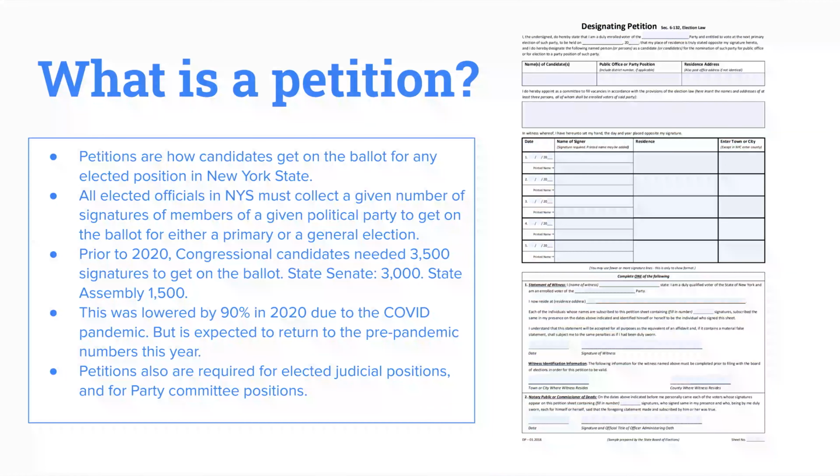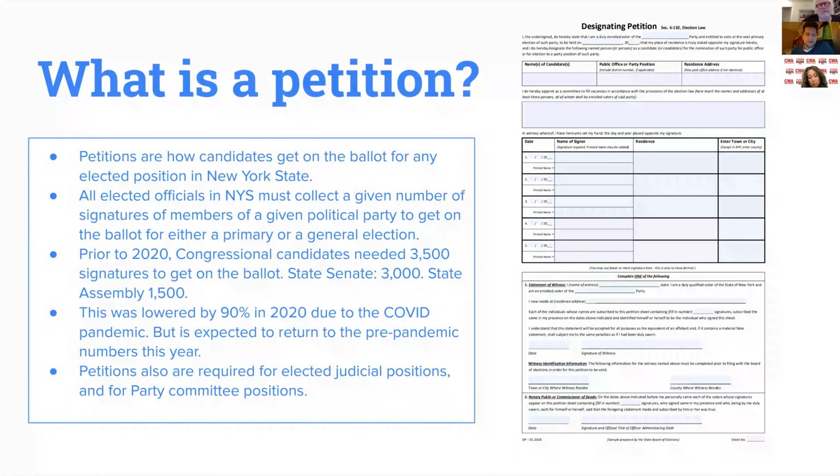That was lowered by, I believe, 90% in 2020 due to the COVID-19 pandemic, and also in 2021 for the local elections. So in that year they only needed 350, but it was very different that year because that was right during the pandemic when petitioning was going on.